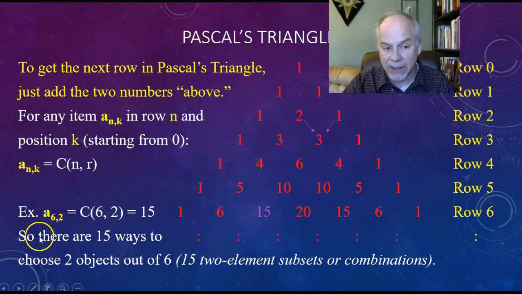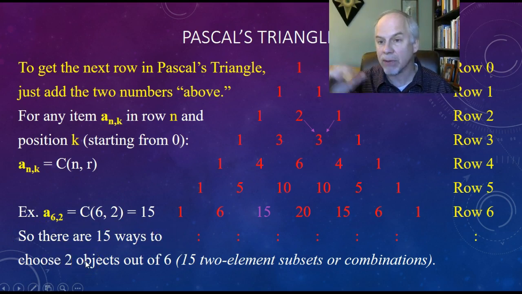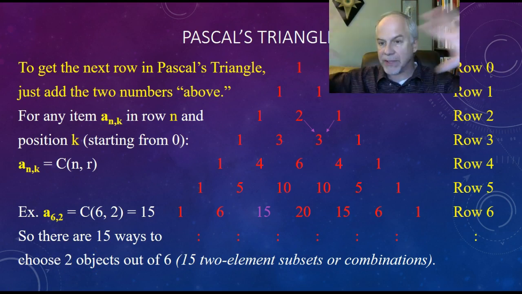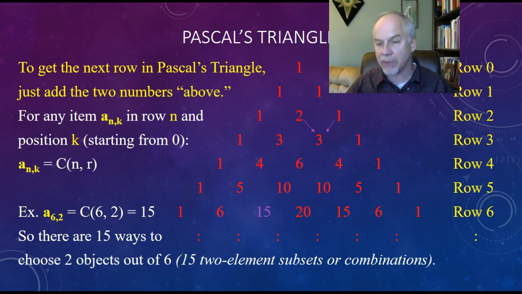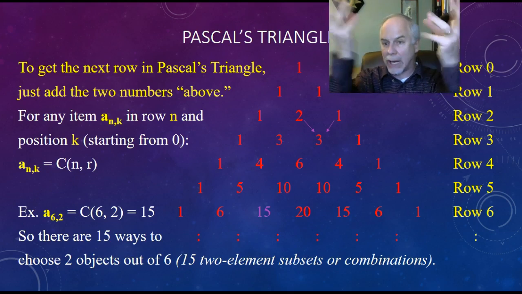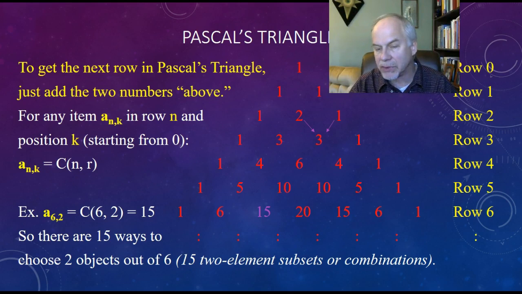And the significance is that there are 15 ways to choose 2 objects out of 6. So you've got a set of 6 objects. There's 15 different ways we can choose 2 objects out of those 6 objects and form a subset.